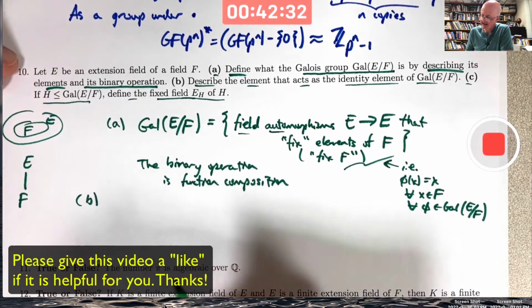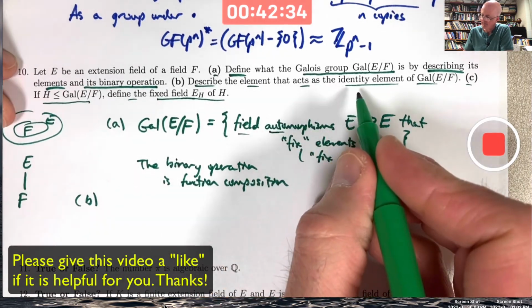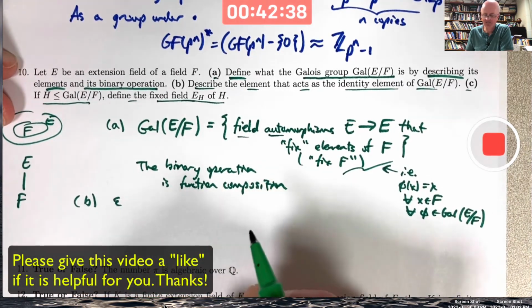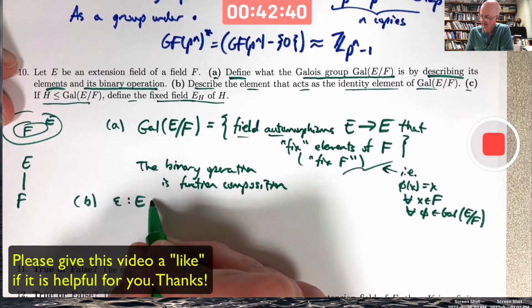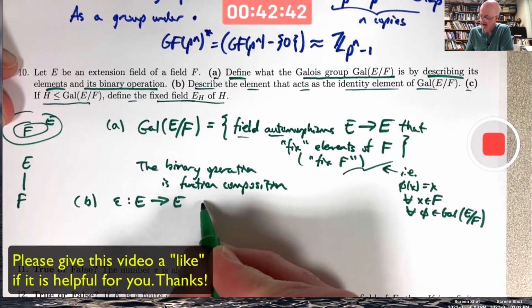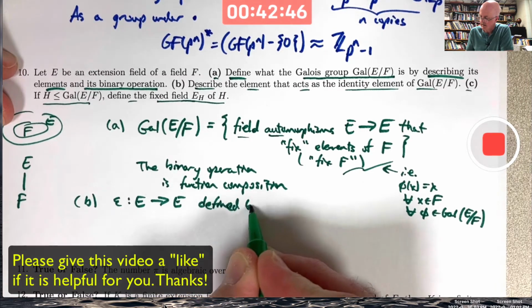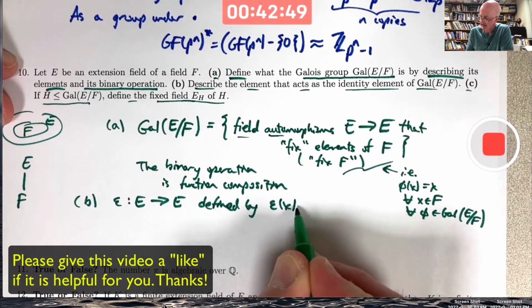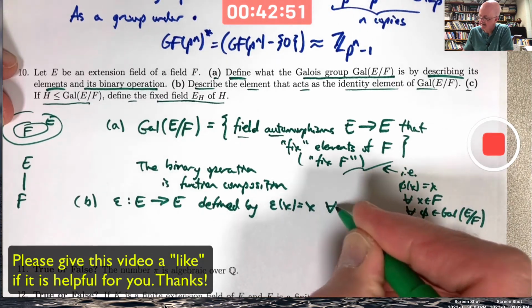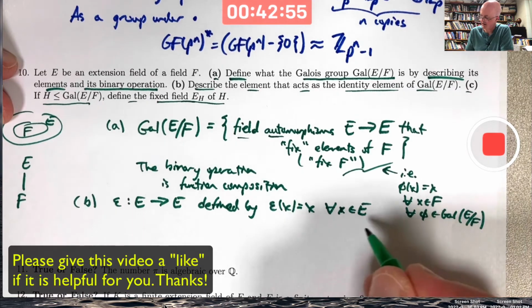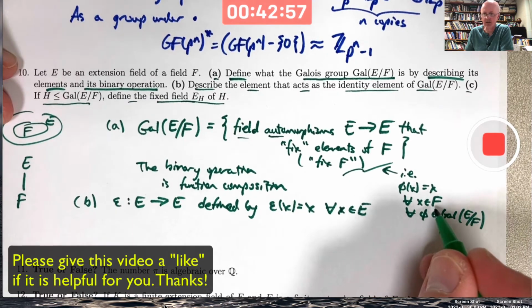What element acts as the identity? Part B. It would be the identity mapping, epsilon, from E to E, defined by the formula epsilon of x equals x for all x in E, not F, or for all x in E. This was an all x in F over here.